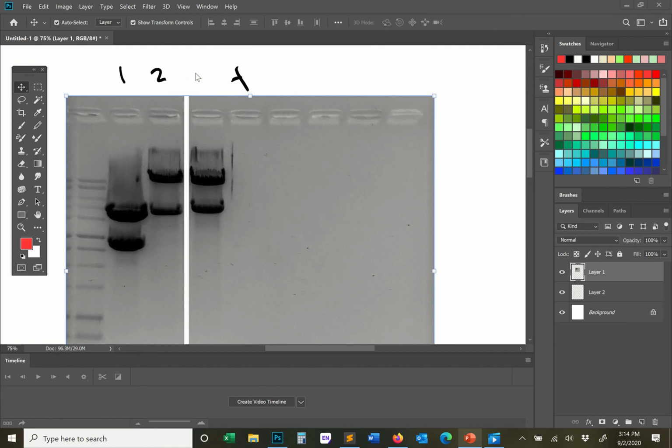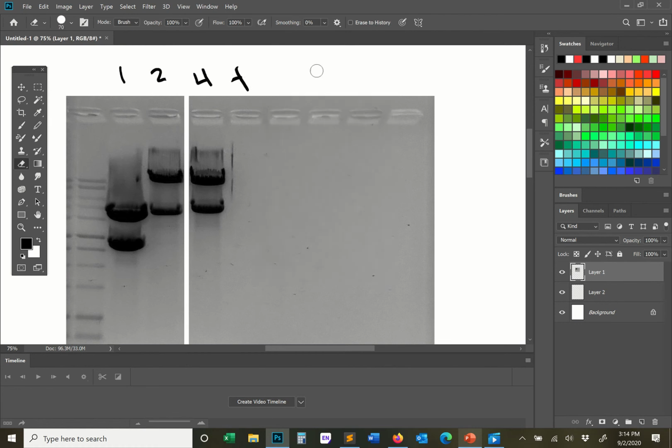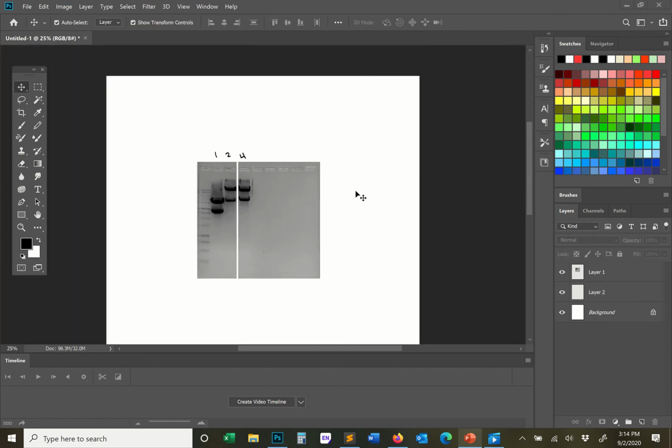Let me just relabel the lanes accurately quick here. This is now lane 4, because lane 3 was cut out. Now we can do the comparison. We can compare 2 to 4.